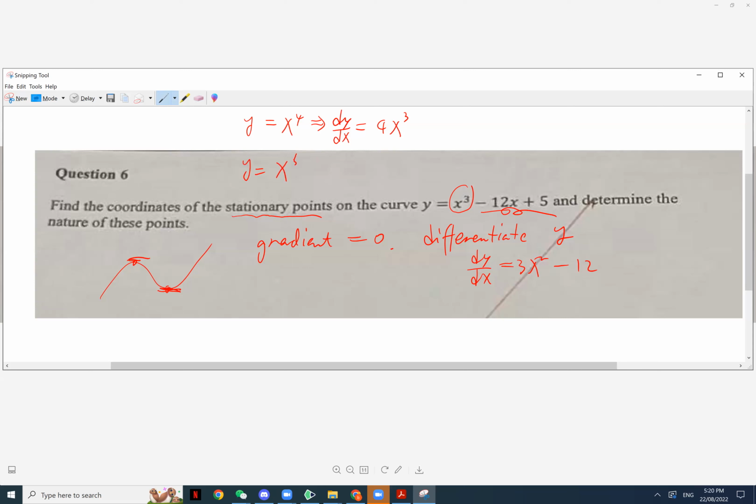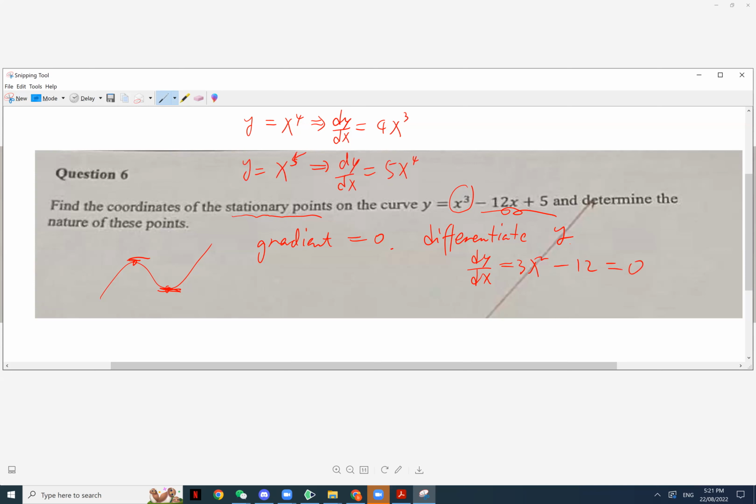So A, how about this one? 5 x to the power 4. Yes. So that's how we find the formula, like the gradient thing. And for this question, the gradient equals 0.